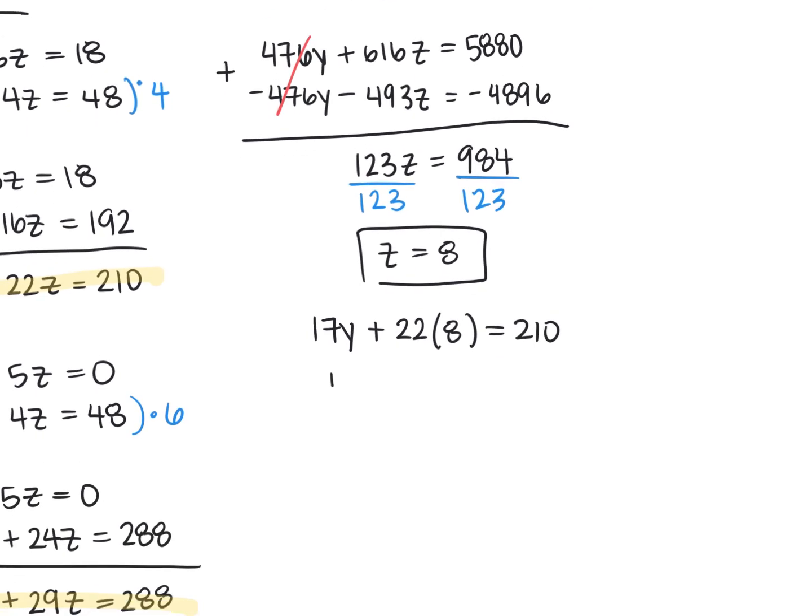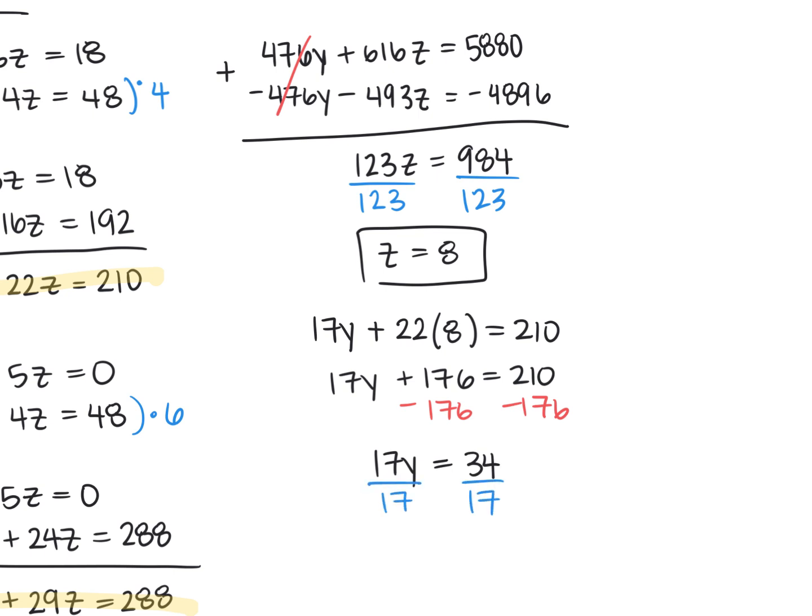We end up with 17y plus 176 equals 210. Subtract 176 from both sides. We get 17y equals 34. Divide by 17, and we're going to get that y is 2.